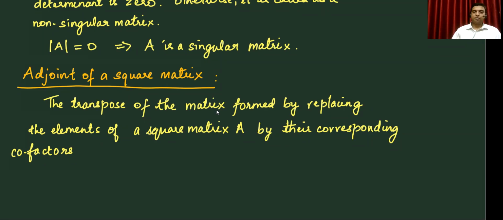The transpose of the matrix formed by replacing the elements of a square matrix A by the corresponding cofactors is called the adjoint of A. Okay.